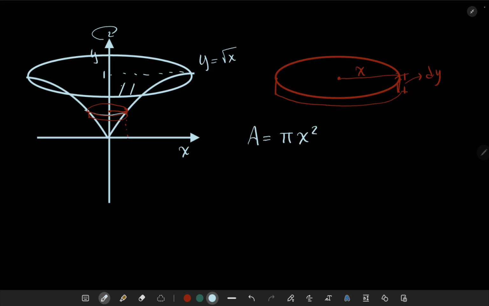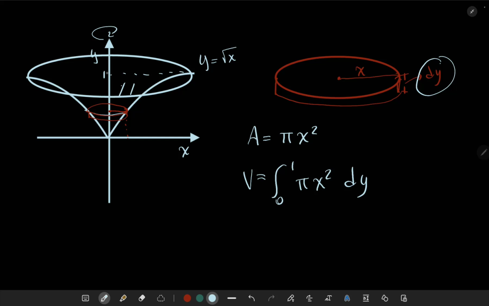But now think about it for a second, because x is not what I'm going to be integrating against. You see, I'm going to have to put a dy. So let me just write it so you see what the problem would be. I would have the integral from 0 to 1 of pi r squared dy.